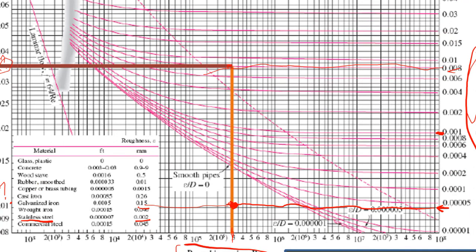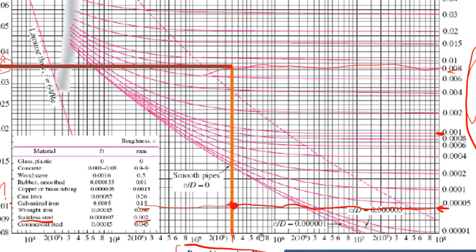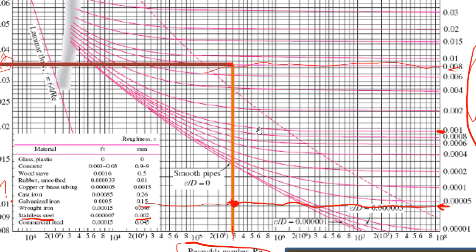So your 6.5 is somewhere here, in the middle of 8, 7, 6. If you draw a line upward and intersect with your line of 0.001, and you go until the end.